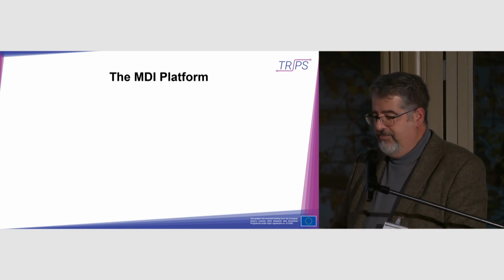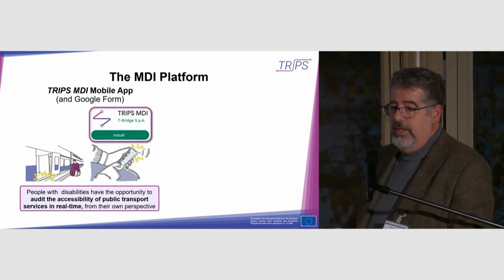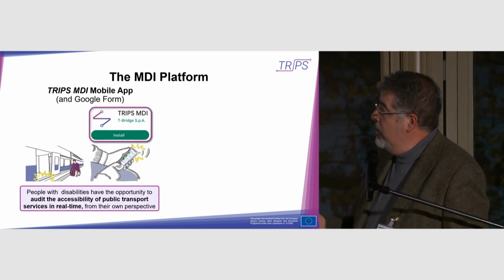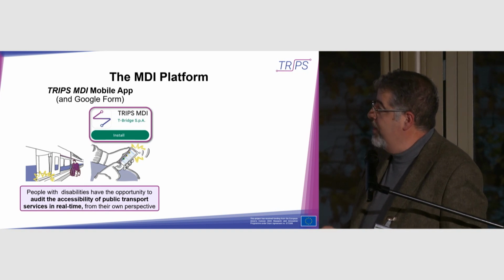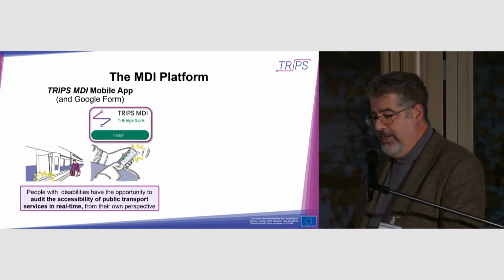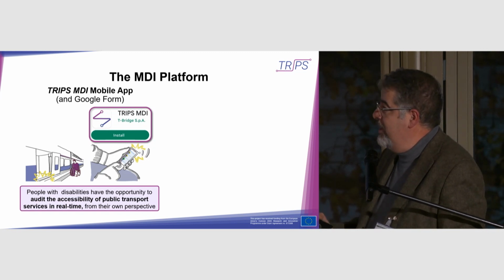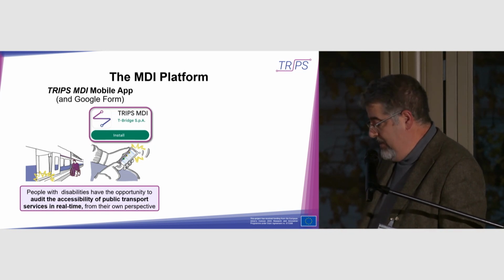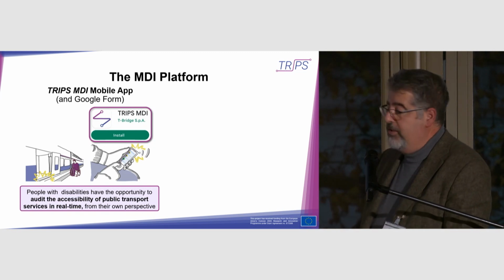We have developed two applications, a mobile app that is already available on the stores, and through which people with a disability can audit in real-time and provide their information on their experience while they are traveling, and provide information and suggestions in order to improve specific aspects of the transport service.